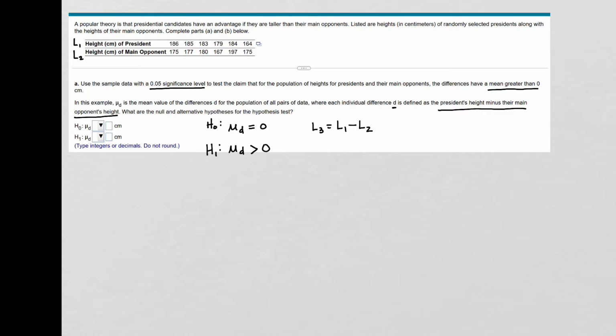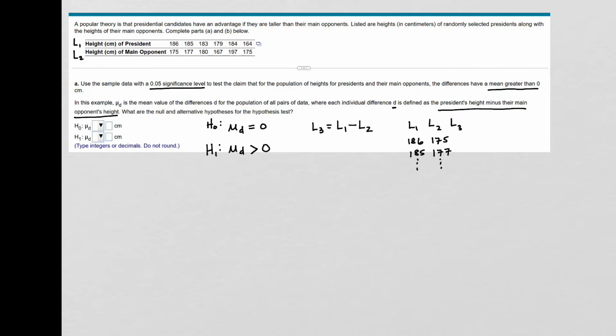So you need to be in the heading of L3. So you have L1, L2, and L3. And you have your data, 186, 185, and so on, in L1. Then you have 175 and 177, and so on, in L2.